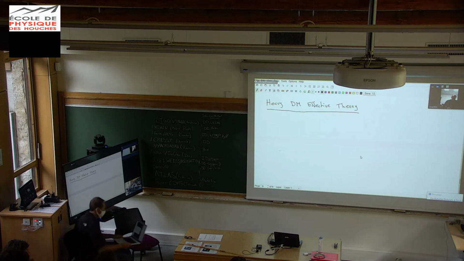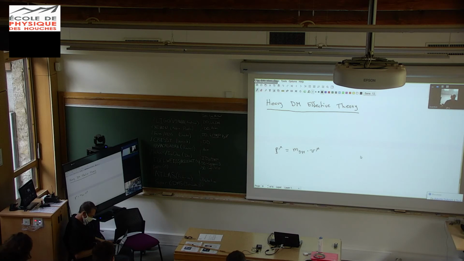What we want to do is the following. Okay, so let's say we have a four-momentum of this external particle. This will be completely dominated by the mass term. So let's say mass of dark matter times the four-velocity.